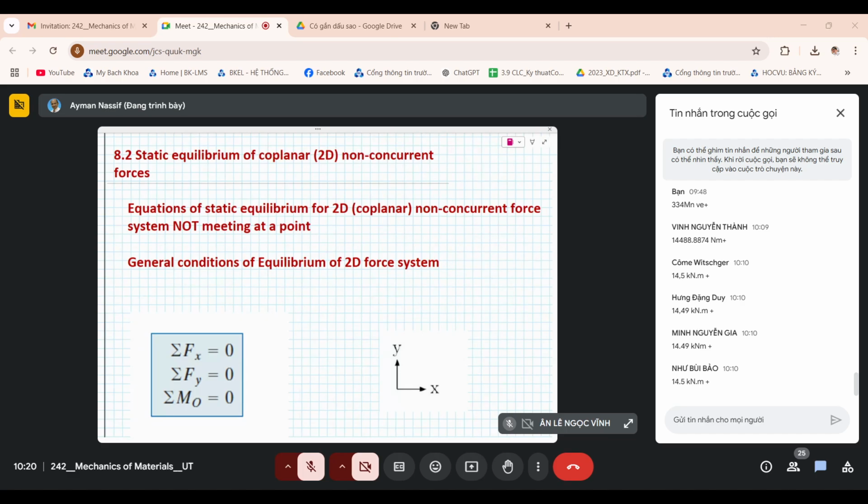Again, we're talking about 2D. I think you can expand to 3D very easily once you understand the two-dimensional analysis first and you're comfortable with that.